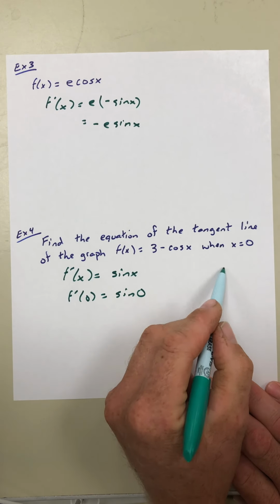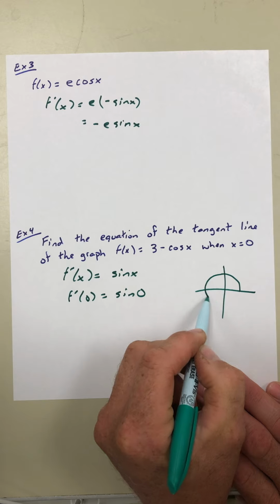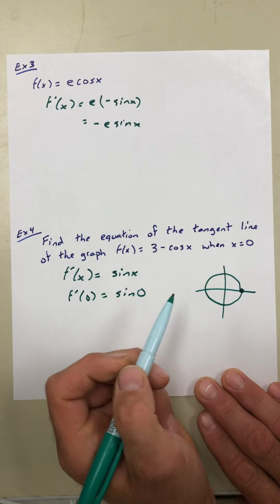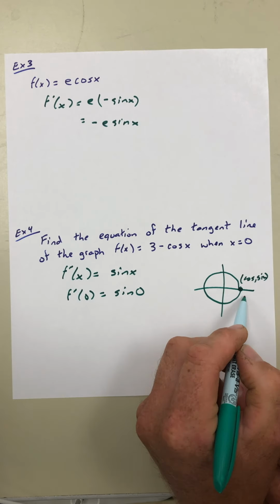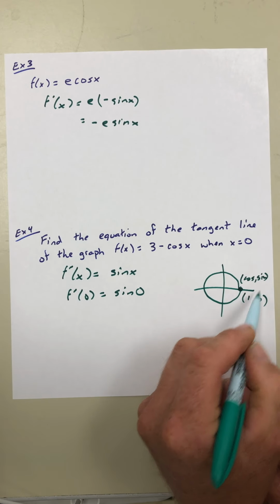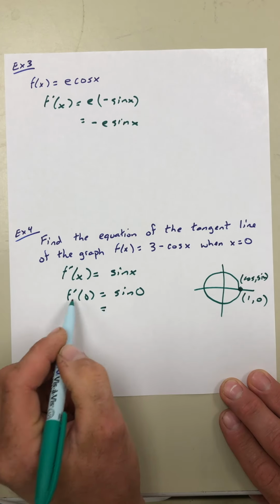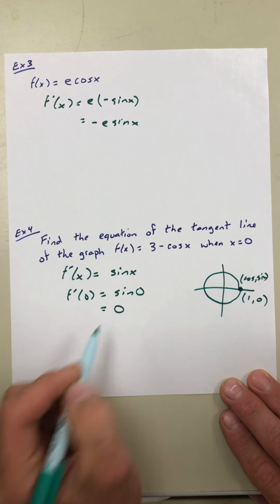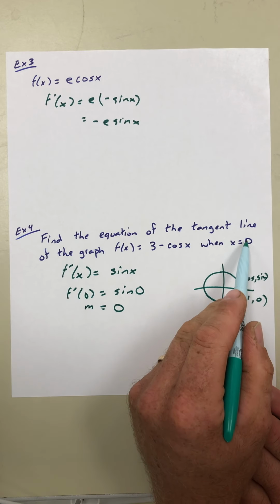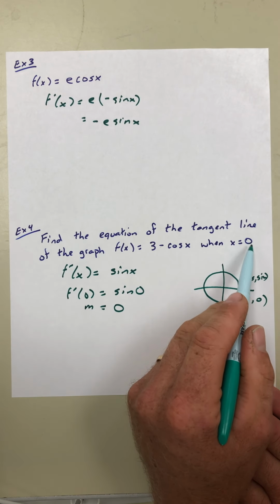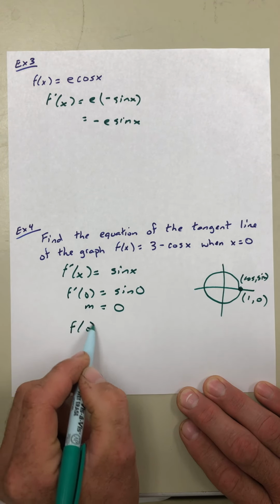The sine of 0, hopefully, we go back to that unit circle if you need to. Here's our 0 value. We're looking at cosine, sine. That point is (1, 0), so the sine is 0. So f prime of 0, or the sine of 0, is 0 as well. That's our slope. We can also plug in to find our y value, so we're finding f of 0.